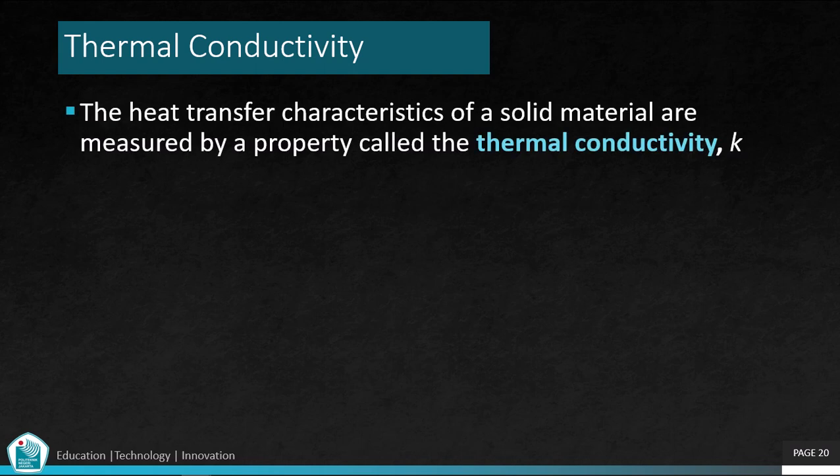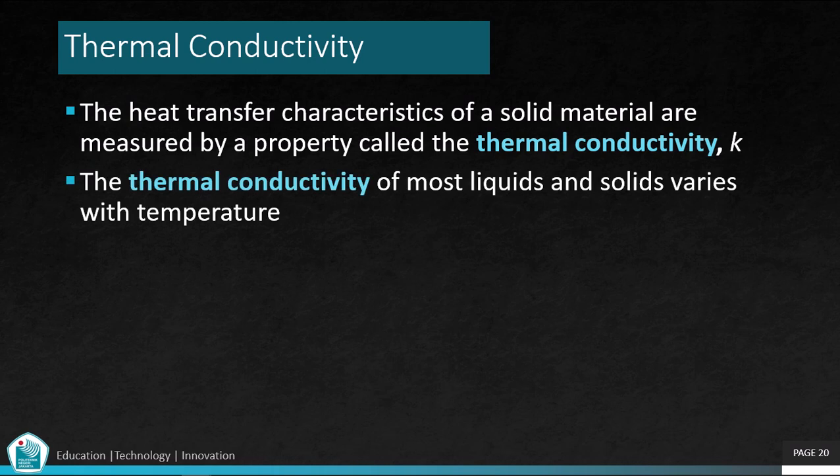The heat transfer characteristic of a solid material is measured by a property called the thermal conductivity, or K. The thermal conductivity of most liquids and solids varies with the temperature.